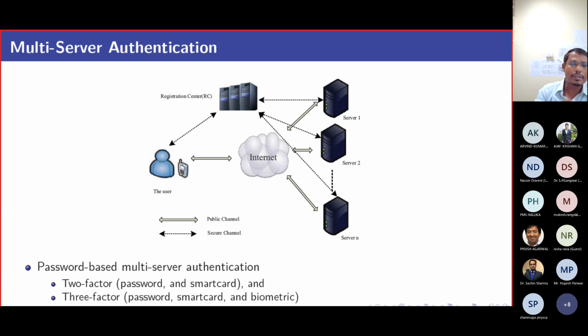Similarly, you can involve three-factor authentication. You can add one more authentication factor to improve the level of security. You have a password, you have a smart card, and you can also include some biometric features in your system to provide more security, right? Or even you can include more authentication factors, which is called a multi-factor authentication system.